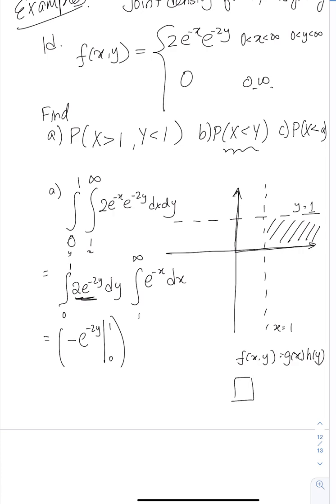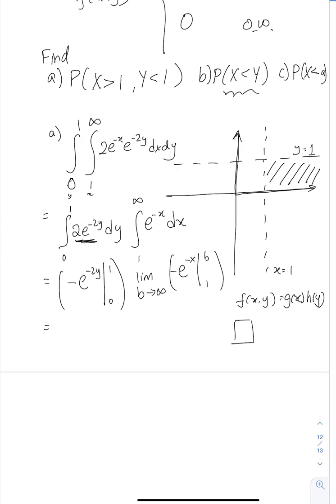You can work that out. And over here you have the limit as b goes to infinity of minus e to the minus x, x going from 1 to b. You plug in 1, you plug in 0, and it ends up being 1 minus e to the minus 2.